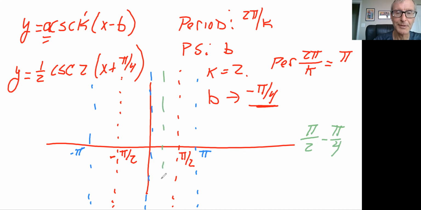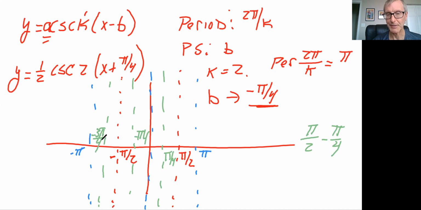So this would be pi over 4. We shift the 0 to minus pi over 4. And then we shift that one to minus 3 pi over 4. You could do the same going to the right as well.